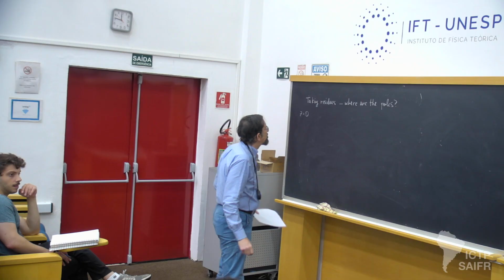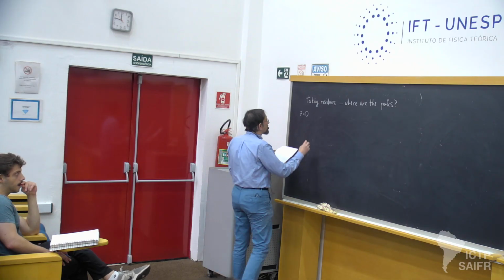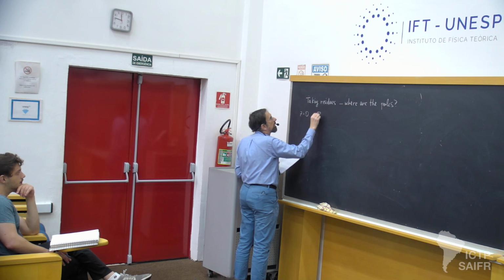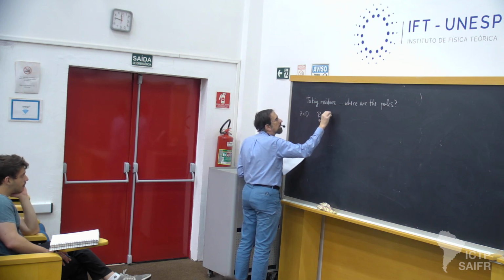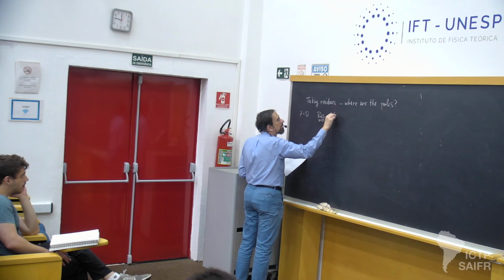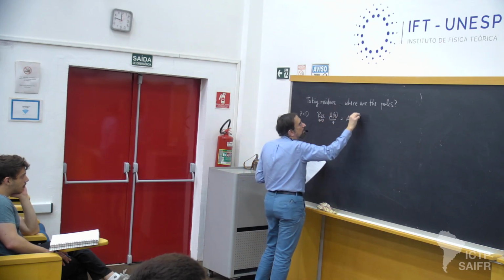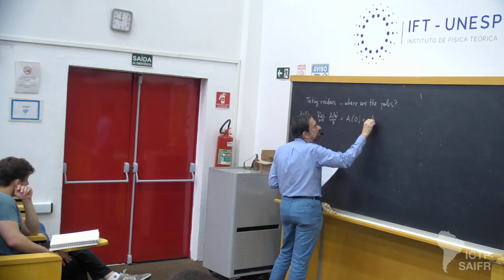That cancels the 2 pi i in front. And so the residue at z equals 0 is just going to be a of 0, which is just our original amplitude.